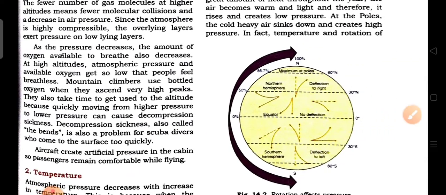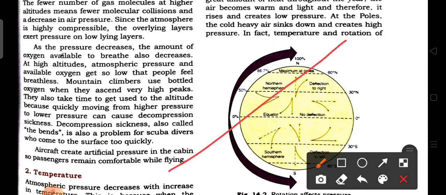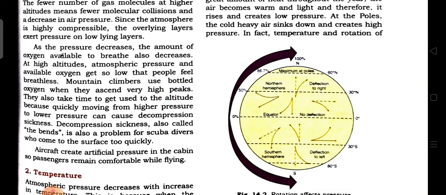Many people who go to the mountains or trekking feel a dizzy condition. Why did that happen? Because at higher altitudes the oxygen level decreases. That is why some people get sickness at that altitude.